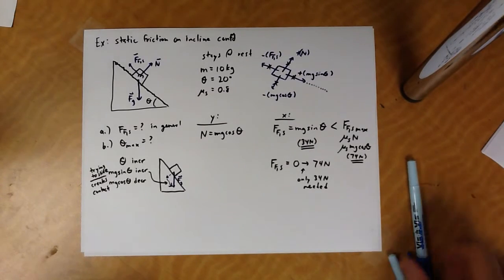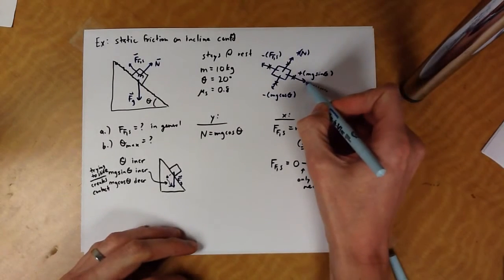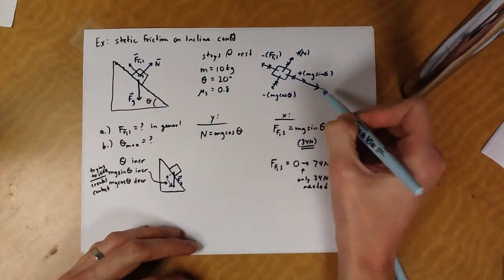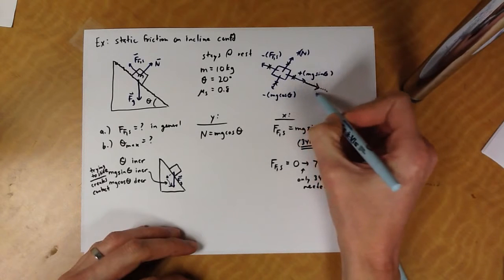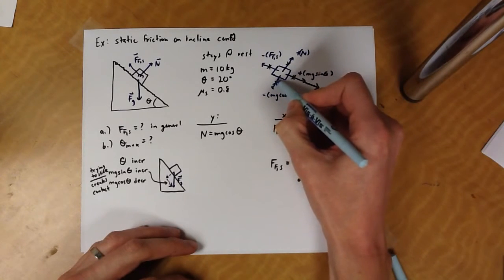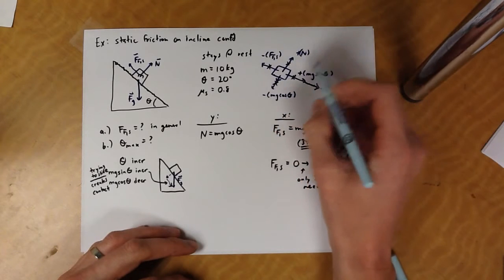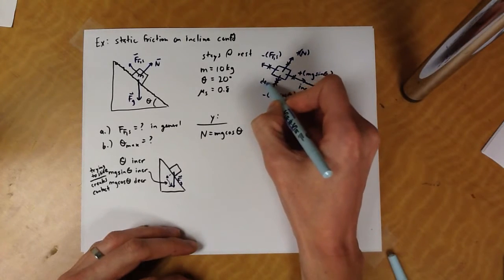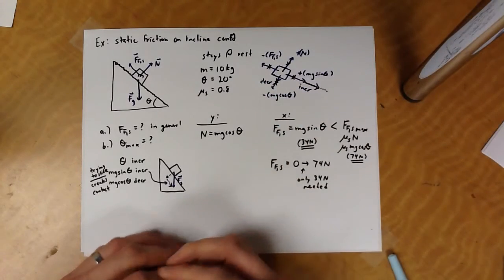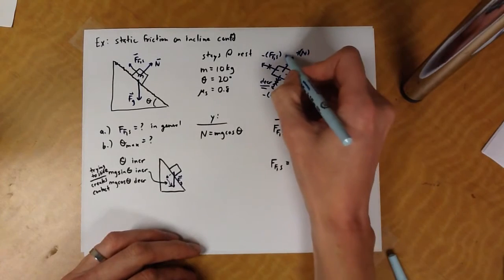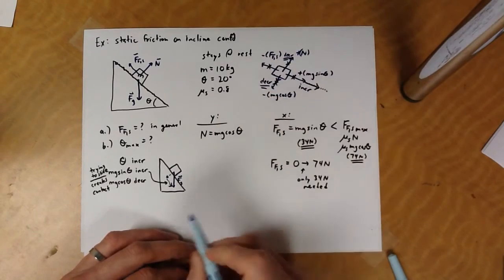If you want to see a visual representation, this component is getting bigger, and of course if you put more of gravity into one component, you're going to take it away from this one. So this one's going to get larger, increase. This one's going to get smaller, decrease. And of course if this decreases, then this decreases because they have to cancel.